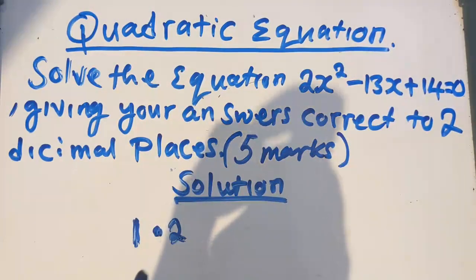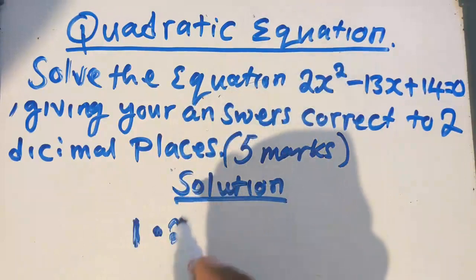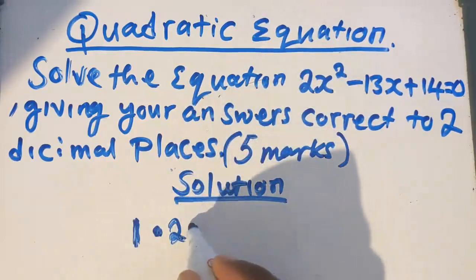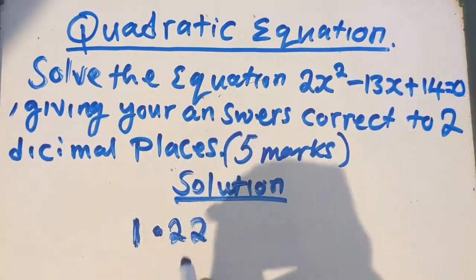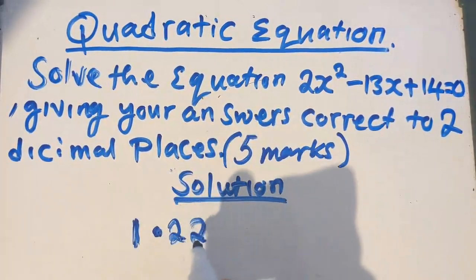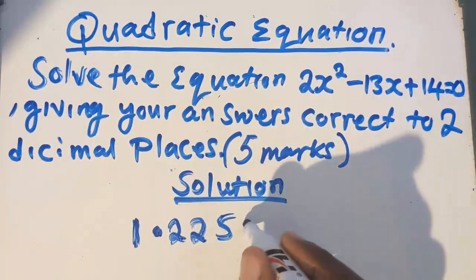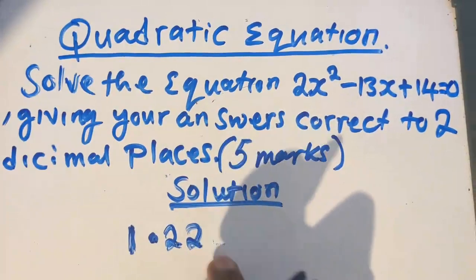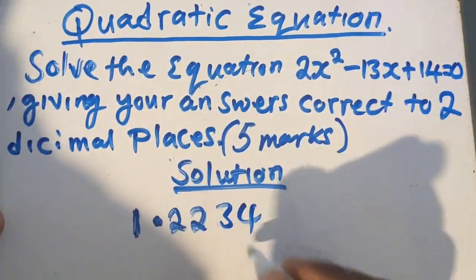Now they are saying that you need to round off your answer to 2 decimal places, meaning that the numbers after the decimal point should be 2. So suppose you have a number like this, 1.234.